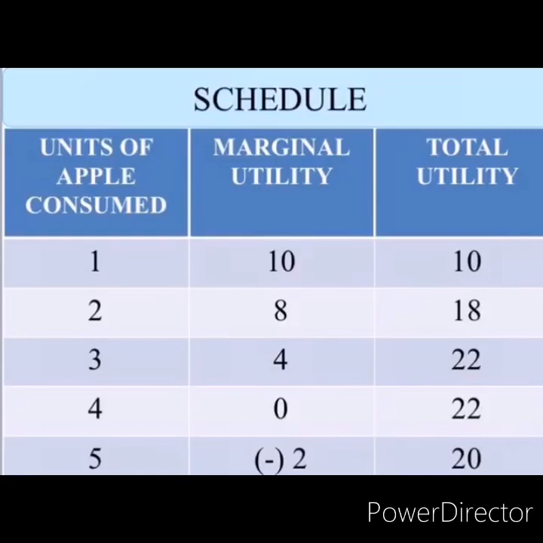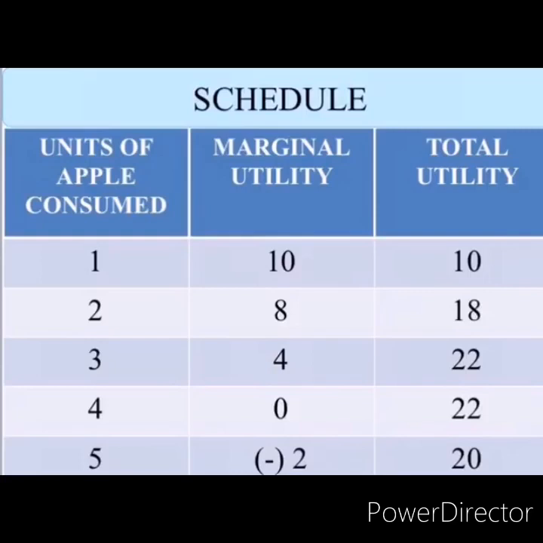So what we can measure from this total utility is that by consuming 1 unit of apple, the additional satisfaction, or additional utility, means the marginal utility. By consuming the first unit of apple, the marginal utility is 10.